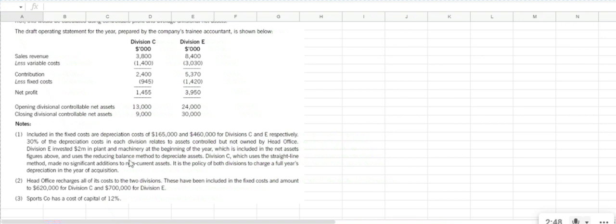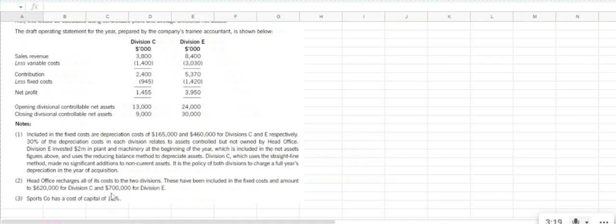Apart from that, Division E invested $2 million in plant and machinery in the beginning of the year, which is included in the net assets figure above, and uses the reducing balance method to depreciate. Division C uses the straight line method, and it made no significant additions to current assets. So division E has added new equipment worth 2 million. Division C has not added any assets. Head office recharges all of its costs to the two divisions.